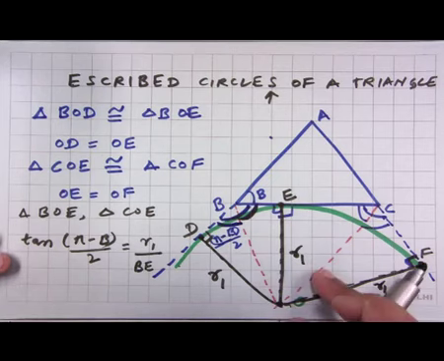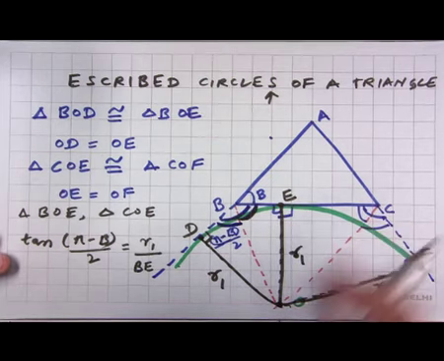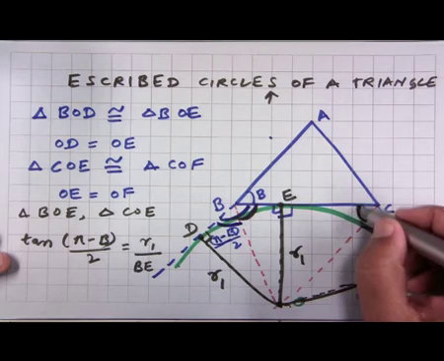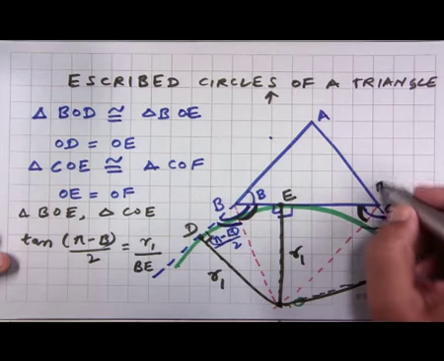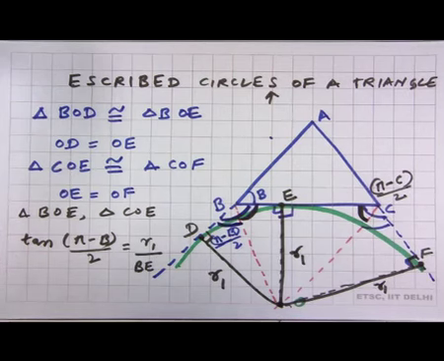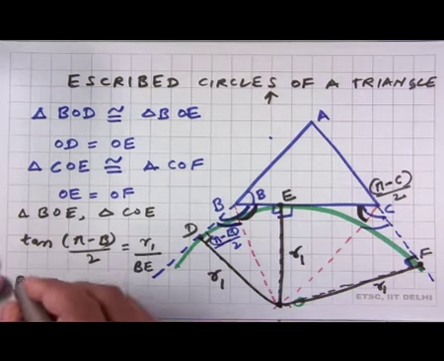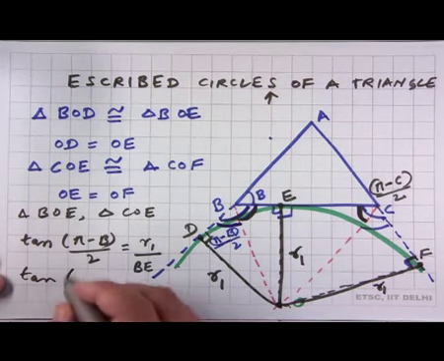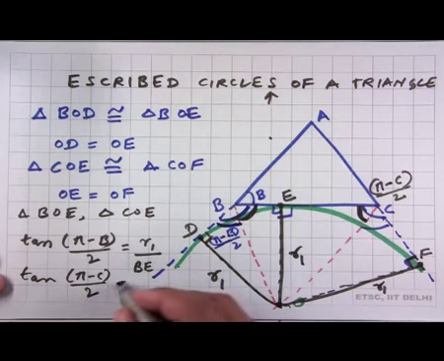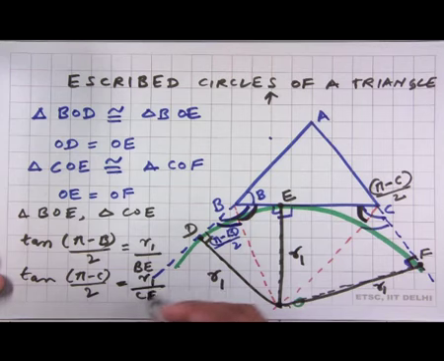And similarly, if we consider the triangle COE, we know that the value of this angle is pi minus C over 2, and therefore, in the triangle COE, tan of pi minus C over 2 equals R1 by CE.